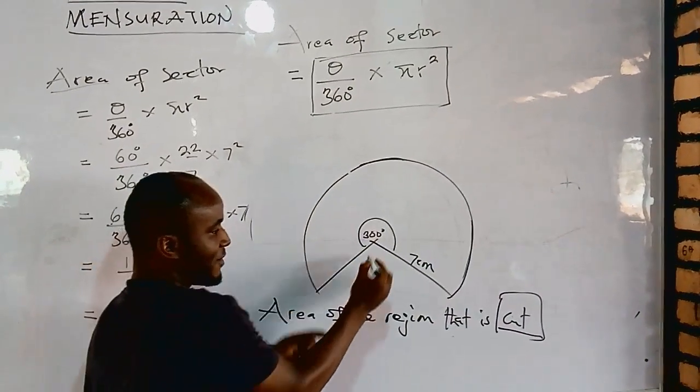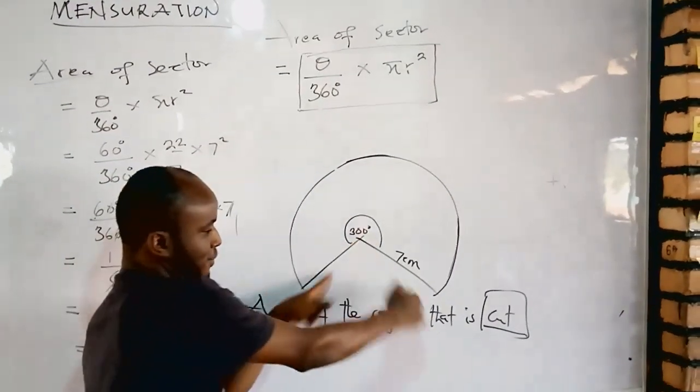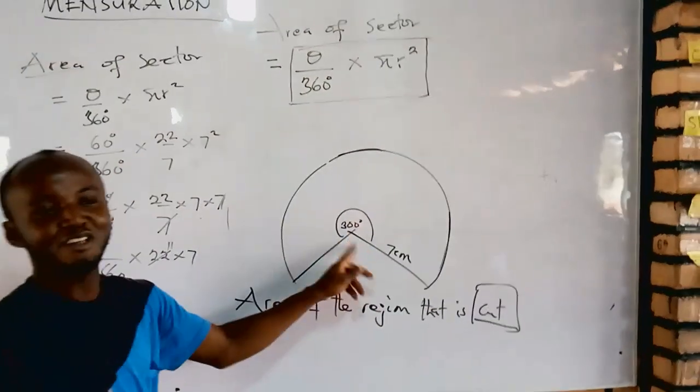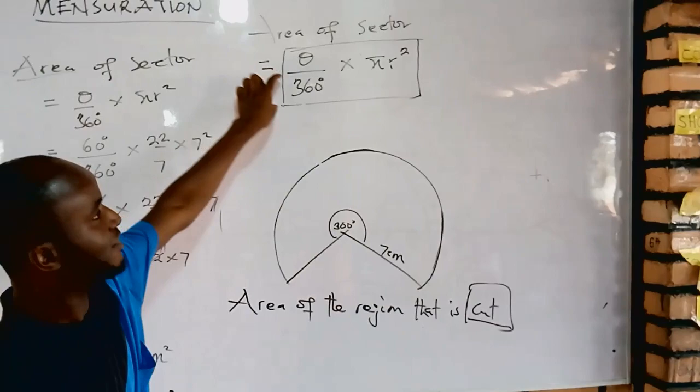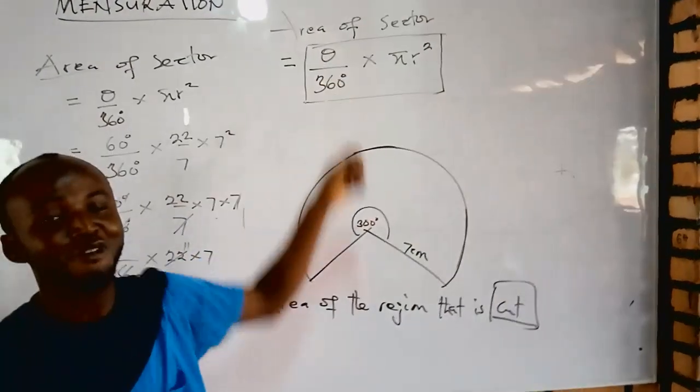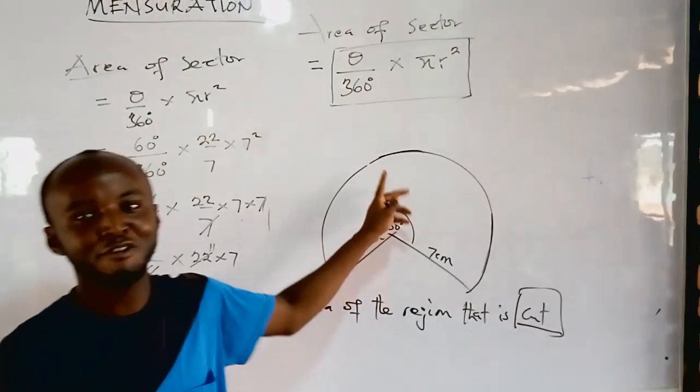So this portion here that has been cut, you can see that V portion there that has been cut off. That's what you are finding. So to find the area of that portion, which theta are you going to use? If you are presuming that you are going to use 300 degrees, it is very, very wrong.